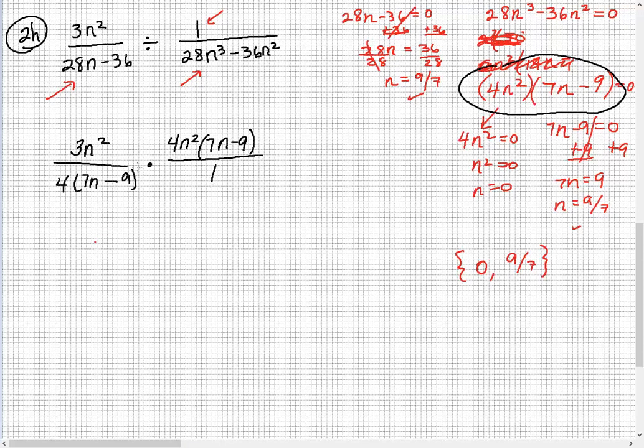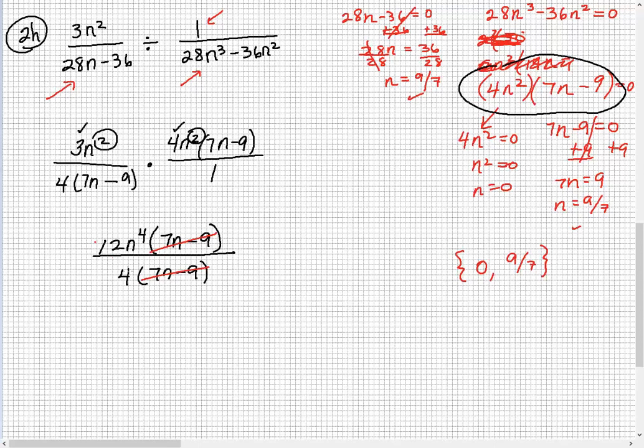Over 1. And it's all multiplication, so I'm going to go ahead and multiply across. 3 times 4 is 12. Alright, you have to add the exponents. Over 4, 7n minus 9. And when you look at it like this, the 7n minus 9 cancels.